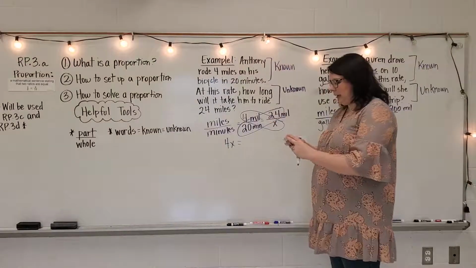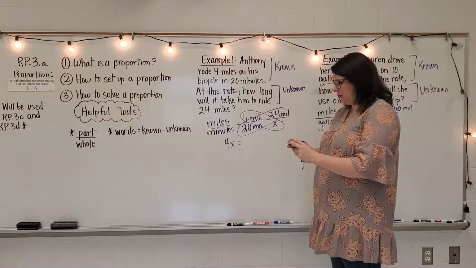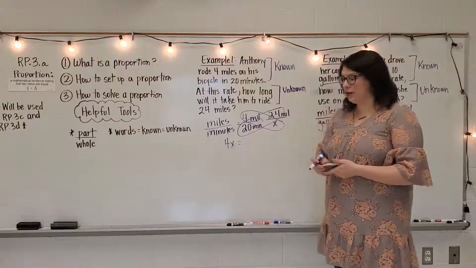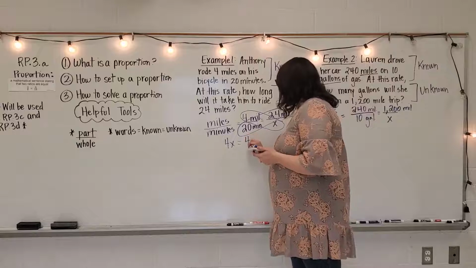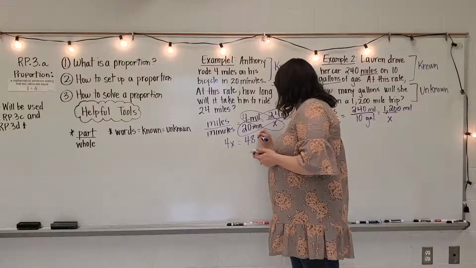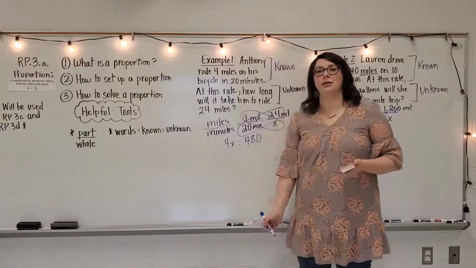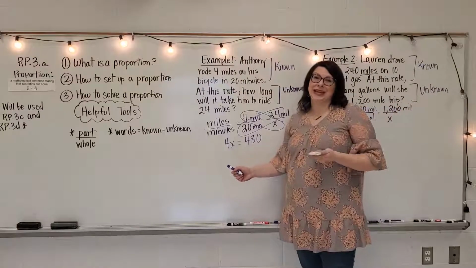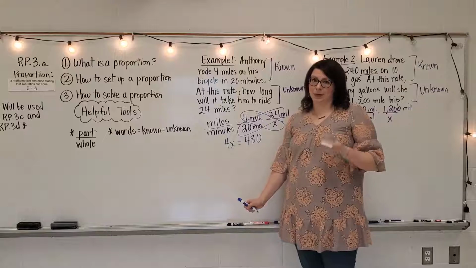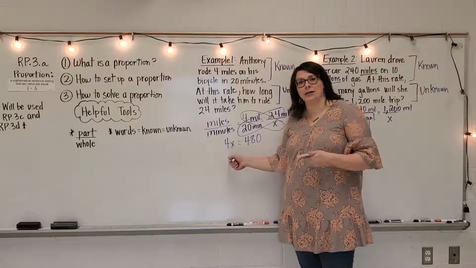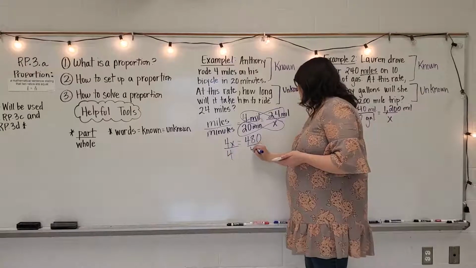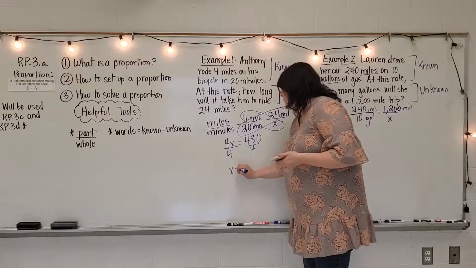Now, I'm going to type in my calculator, 20 times 24. Of course, you learned how to do that by hand in 5th grade. Now, when you studied equations, you learned that in order to get this variable alone, I'm going to do the inverse or the opposite operation. So right now, 4 and x are being multiplied. I'm going to divide 4 on both sides to get x alone.